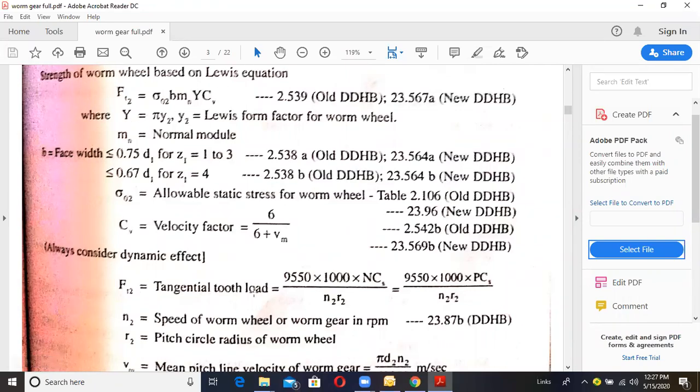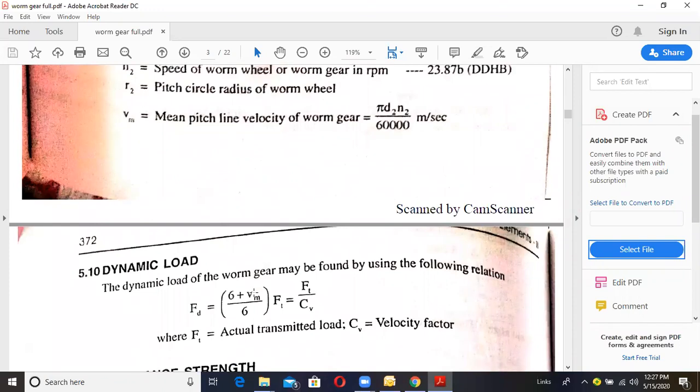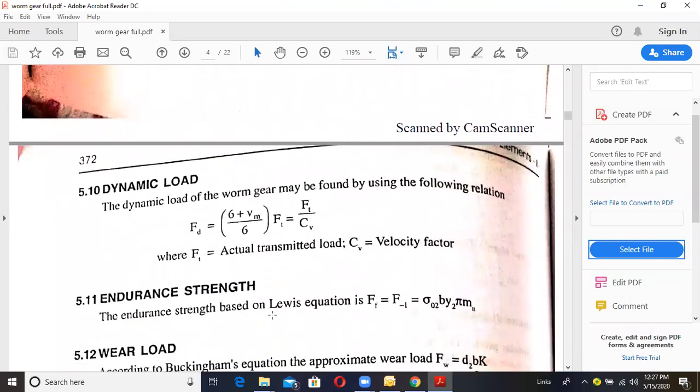and tangential tooth load. Next is dynamic load. The same thing you have also calculated in spur gears, right? There are different formulas. Now, the formula of dynamic load is very simple. Fd is equal to (6 plus Vm) divided by 6 into Ft, or I can write it as Ft divided by Cv.